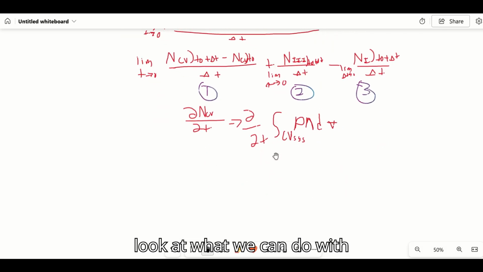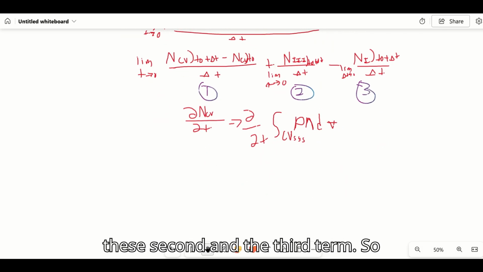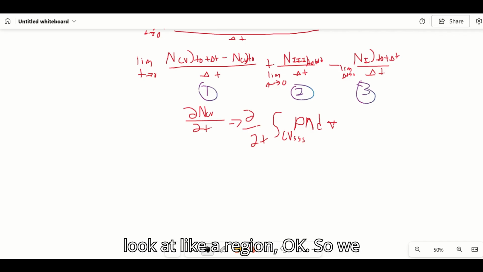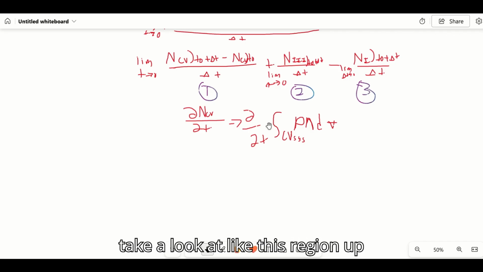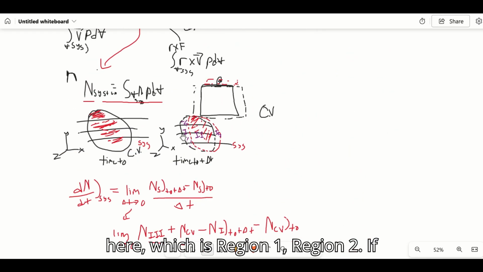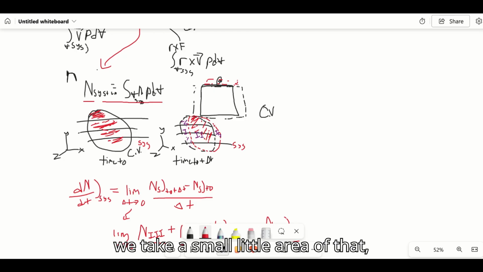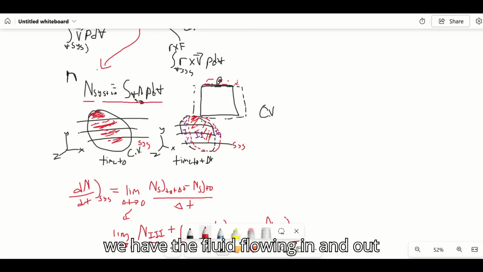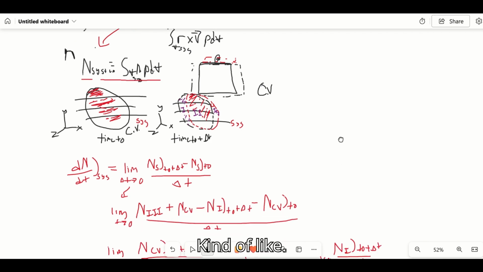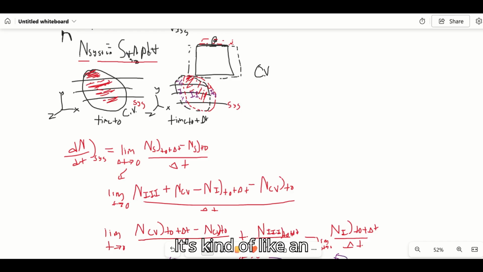Now let's take a look at what we can do with the second and third term. If we want to evaluate these, we need to look at a region, okay? So we take a look at this region up here, which is region 1, region 2. If we take a small little area of that, we have the fluid flowing in and out of that, right? It's like an area where the fluid flows out.